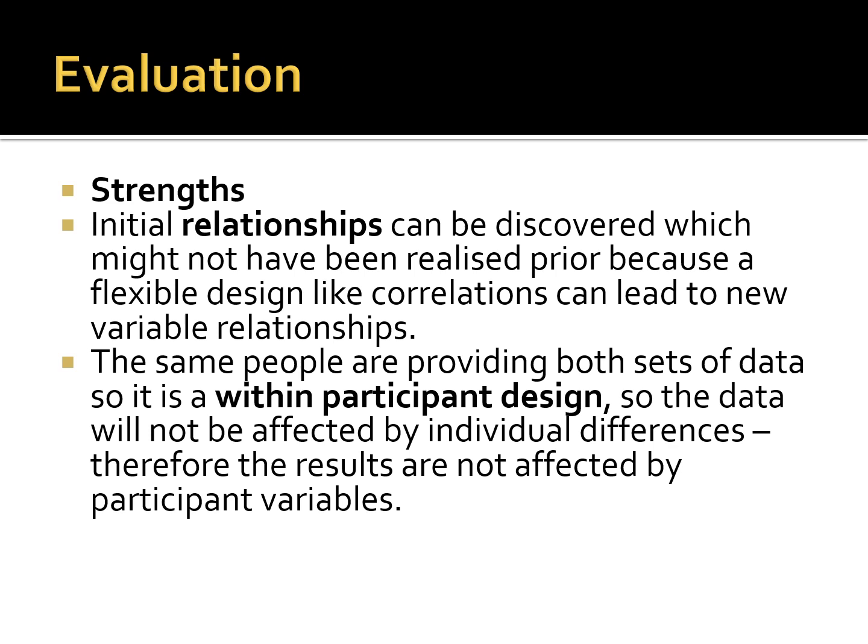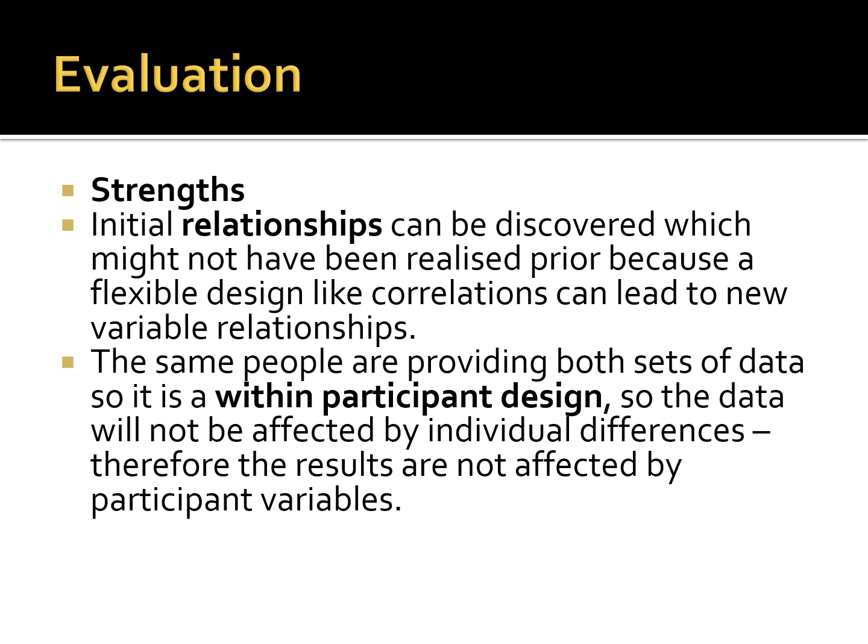Secondly, because the same people are providing both sets of data and it's a within participant design, it will not be affected by individual differences in that sense. So the results are not affected by participant variables. You've got the same people doing both of the covariables, so being scored on both of them.